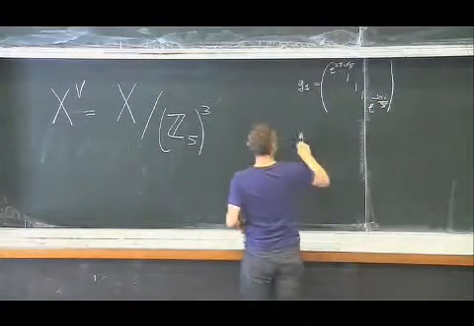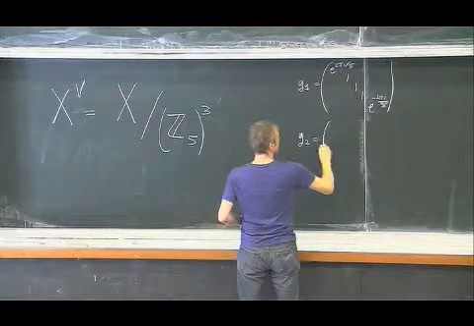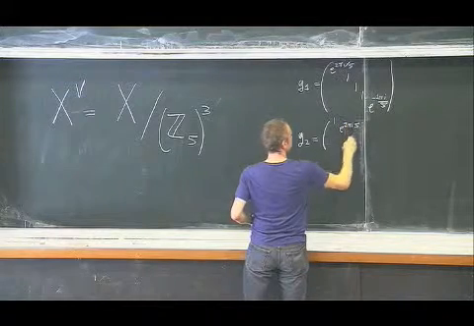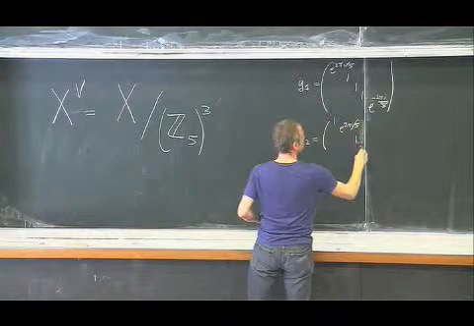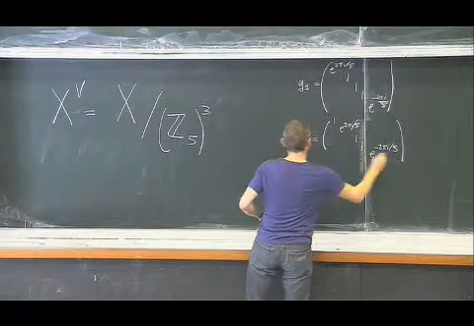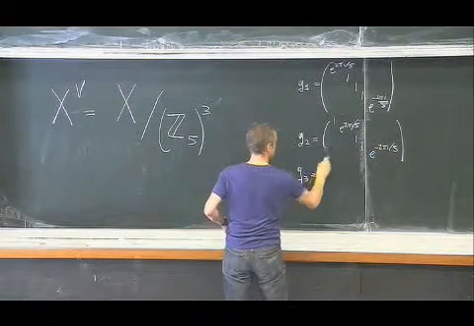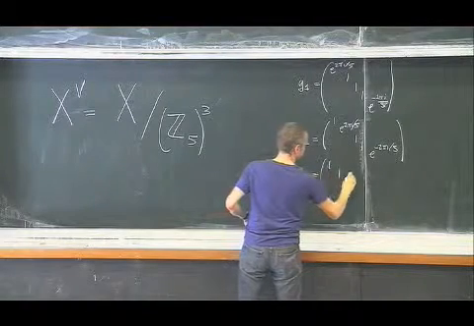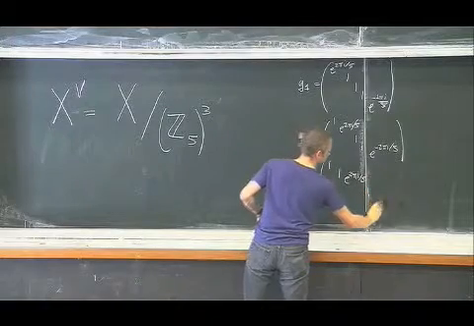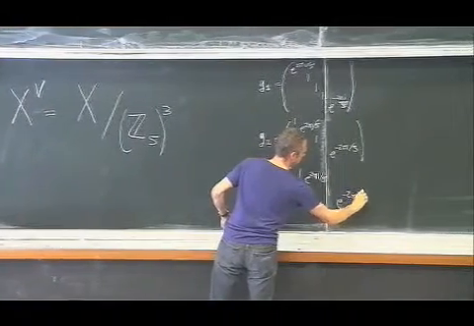G2 is going to be the diagonal matrix with entries 1, e^(2πi/5), 1, 1, e^(-2πi/5). And G3 has entries 1, 1, e^(2πi/5), 1, e^(-2πi/5).